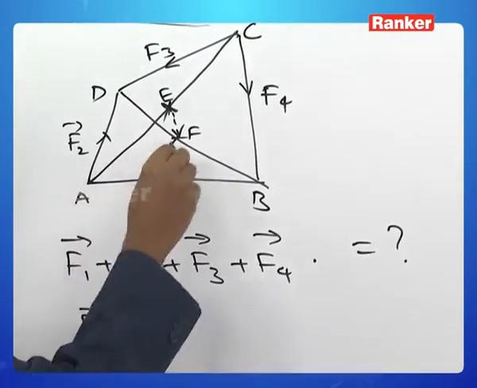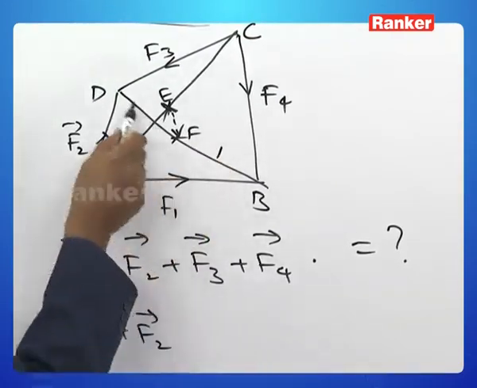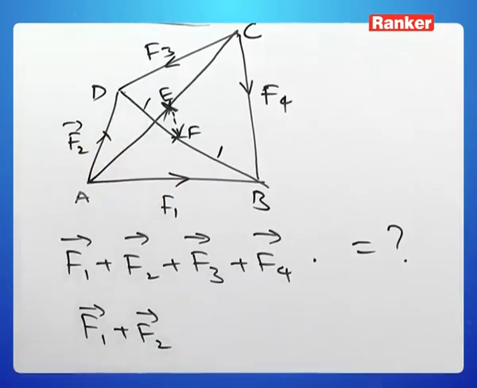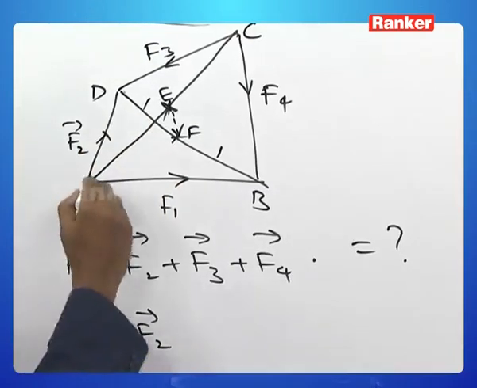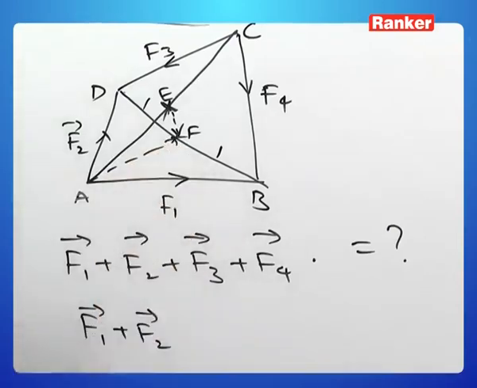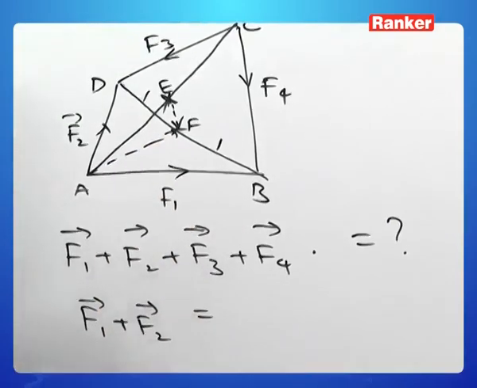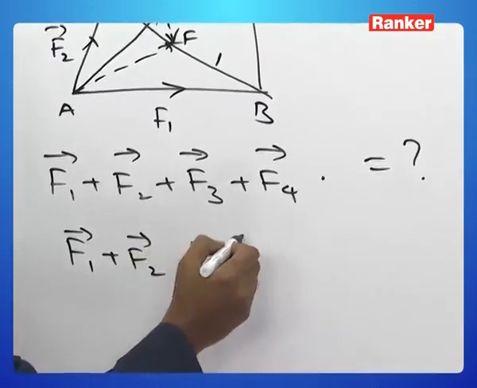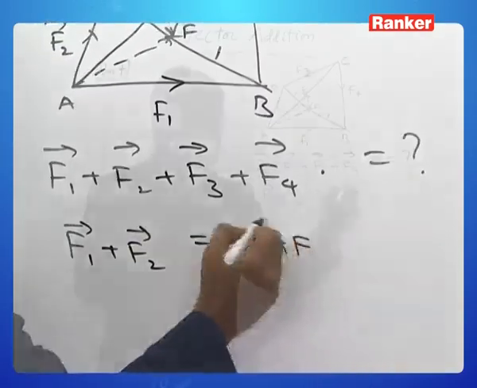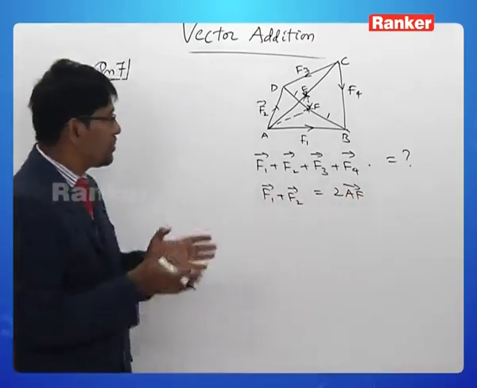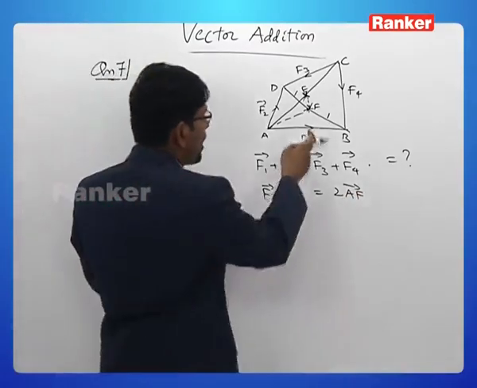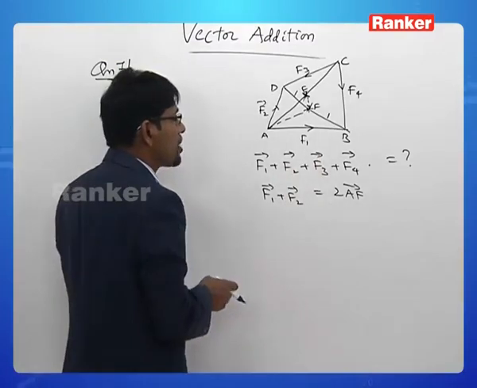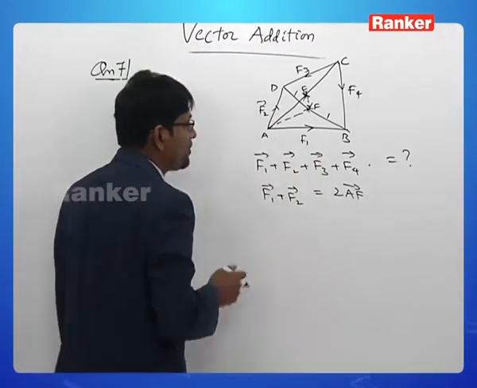We know that F divides DB in the ratio 1:1. So 2 times the AF vector is your F1 plus F2. F1 plus F2 is equal to, again using the section formula, 2 times AF.